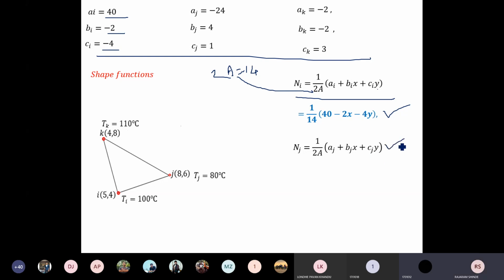Yes, it is correct. Now you put 1 upon 14, bracket minus 24 plus 4 Bj x plus 1 y. Yes, it is correct. Now you see this one. This is your Nj.